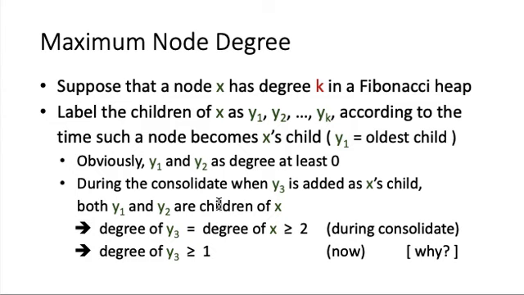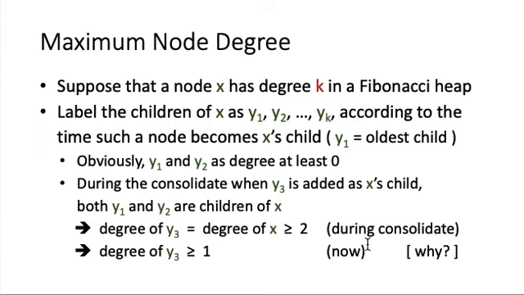In that case, the degree of y3 must be equal to the degree of x when it is combined during the consolidation step. At that time, x has already joined y1 and y2, so the degree of x at that time is at least 2. So the degree of y3 at the time of consolidation must be at least 2. But this is what happened a long time ago during the consolidation.